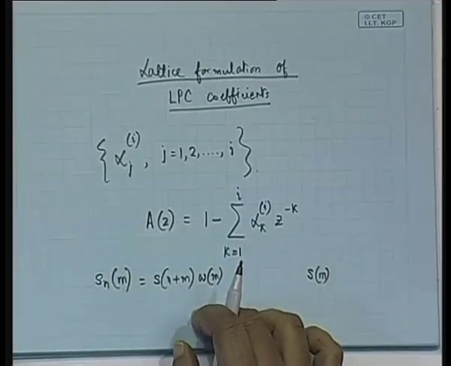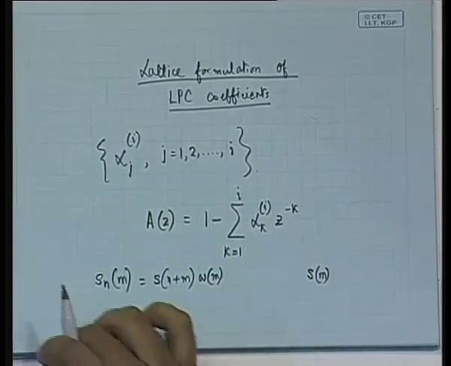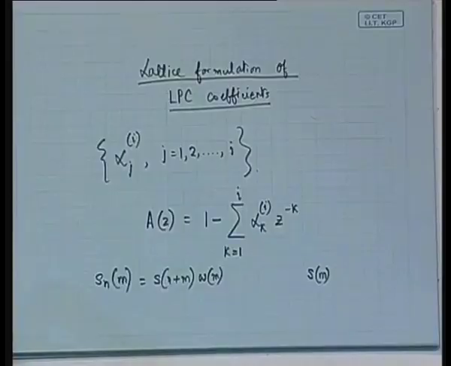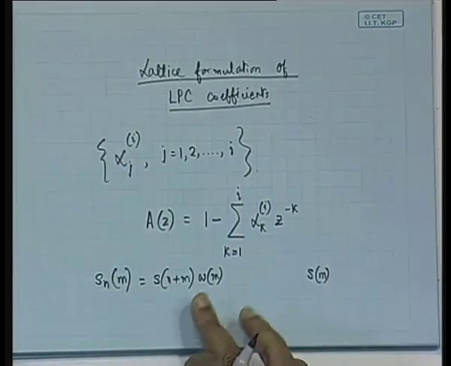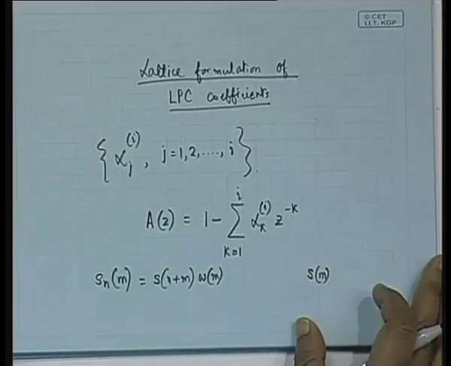Correct, that is it. Whenever we give S(m) as an input to this filter, we will get the prediction error at the output. We can write the prediction error in the time domain.